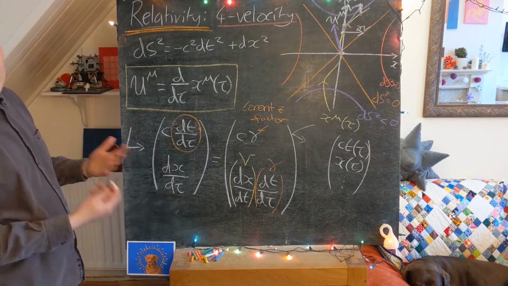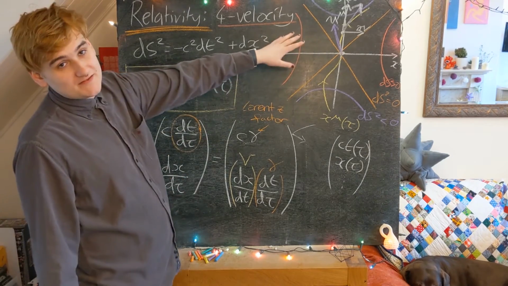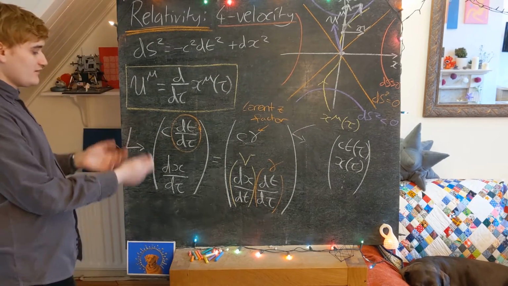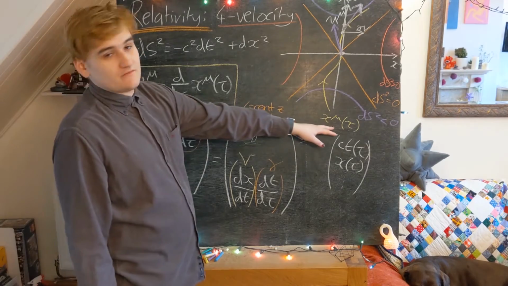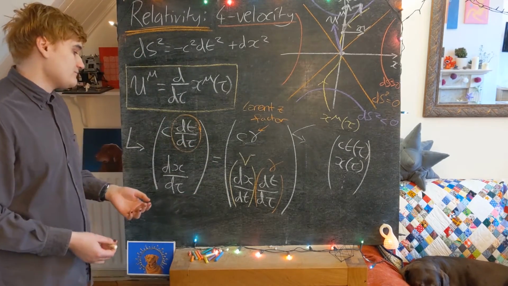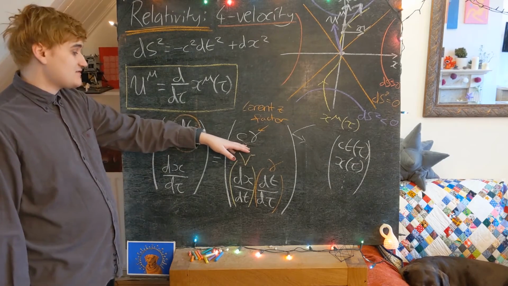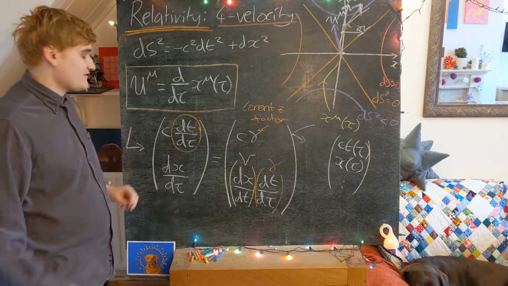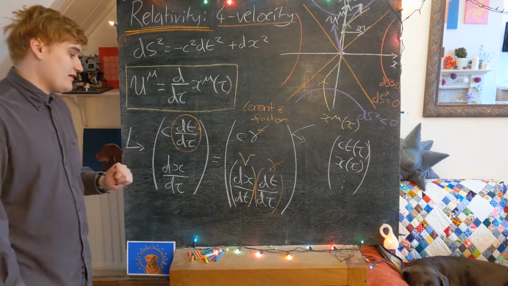So all we've really done is define four-velocity as the tangent vector to any world line. We've seen how we can express it in terms of the coordinate representation of that world line. And we've identified this gamma Lorentz factor that we're going to see much more of in upcoming videos.